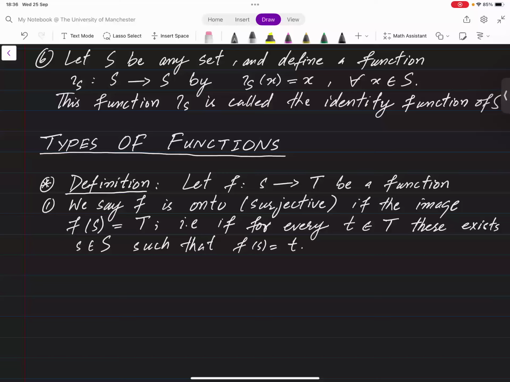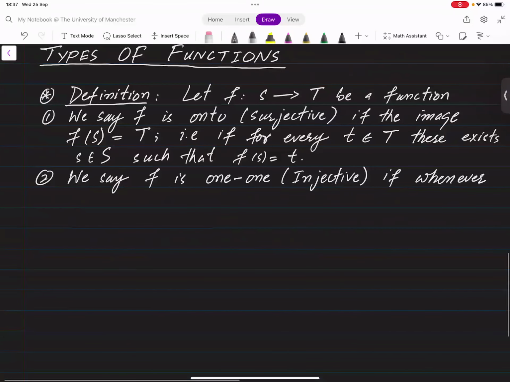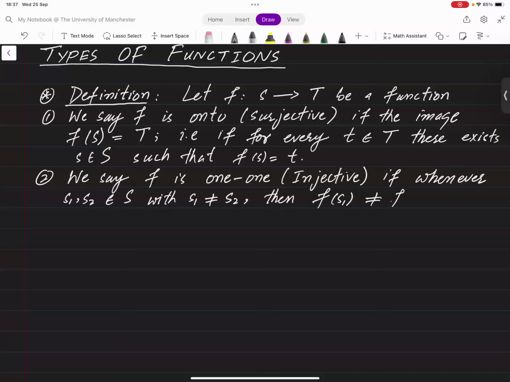Okay. 2, we say f is 1-1, or the other name is injective, if for any two elements of the set S with both distinct elements, s1 is not equal to s2, then f of s1 is not equal to f of s2.